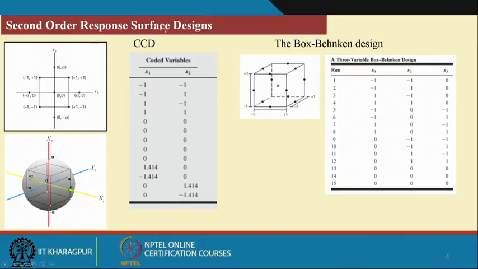Here I have shown you a 2 to the power 2 factorial central composite design, where there are 4 factorial points, 5 center points and 4 axial points where alpha equals root over 2, so that is plus minus root over 2.